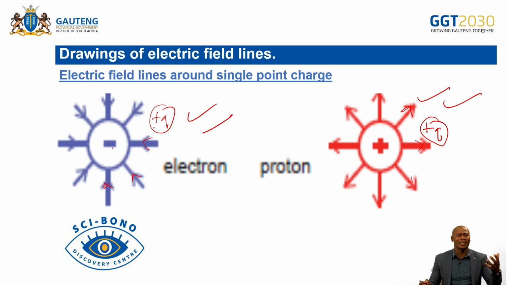We represent it the same way. For example, your magnetic field and your electric field, we use the field lines. We use the same properties of field lines. It's just that there is a difference. If we talk of magnetic field, that is the region in space where the magnetic object will experience a force.